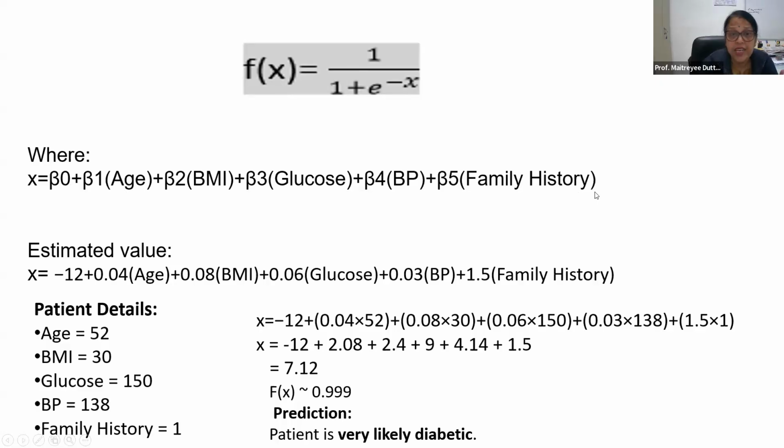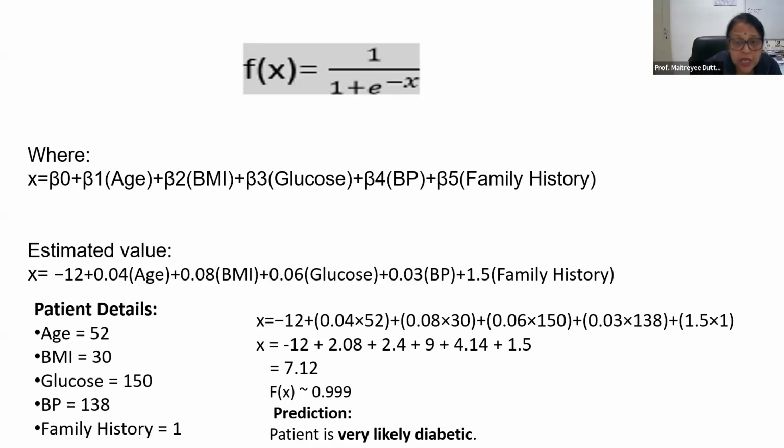There are 5 independent variables that we have written. There are equations to calculate beta 1, beta 2, beta 3 and so on, as we calculated in regression, but these are different equations.